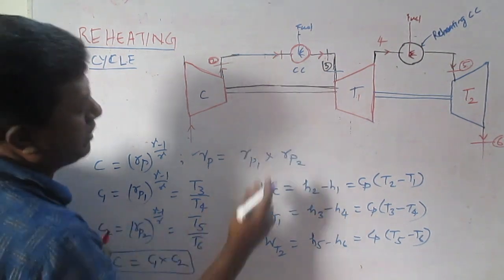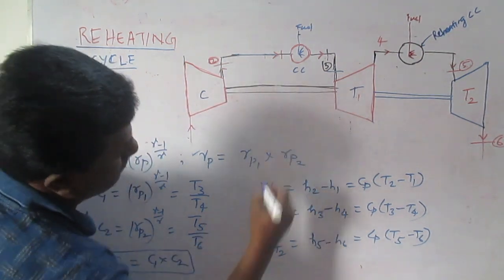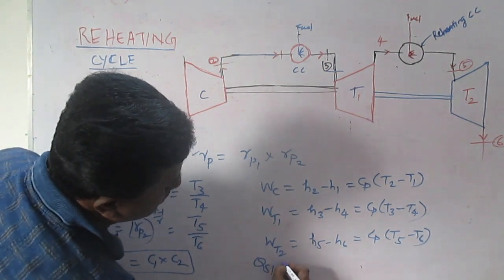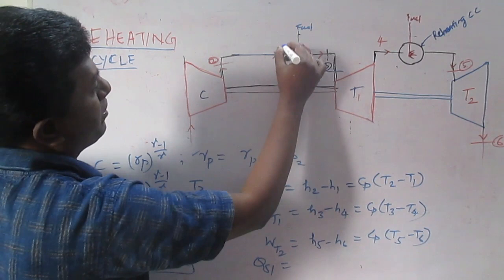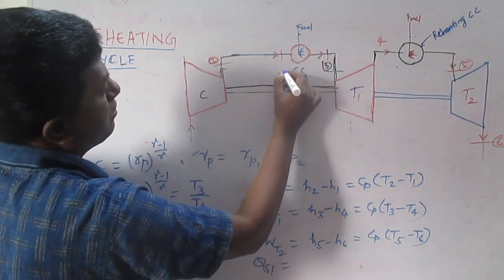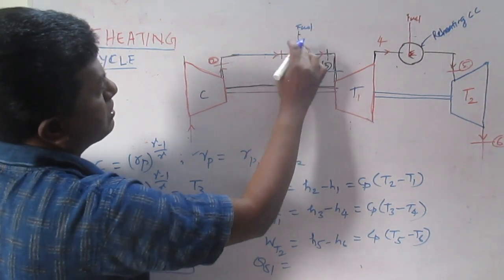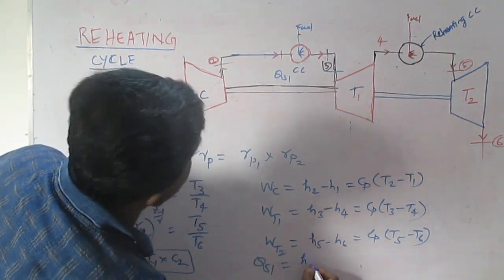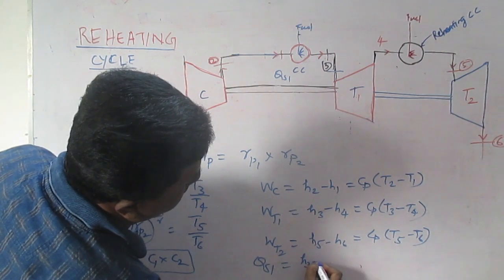Then similarly we have to write the heat supply, QS1, based on the first combustion chamber. So that is operating between points, nothing but H3 minus H2.